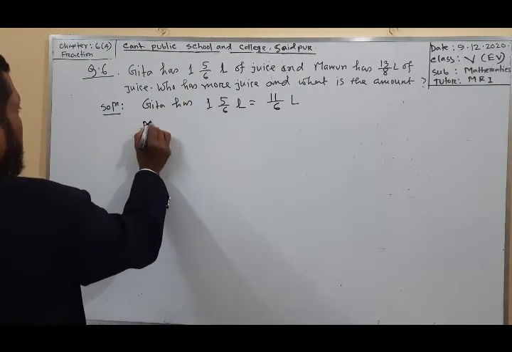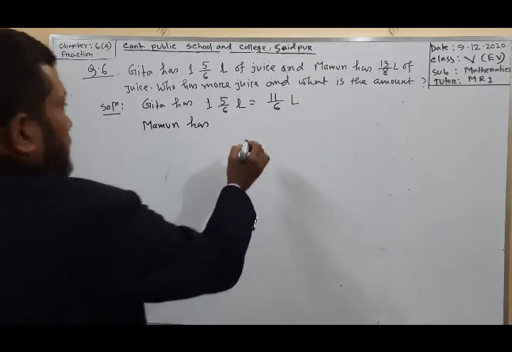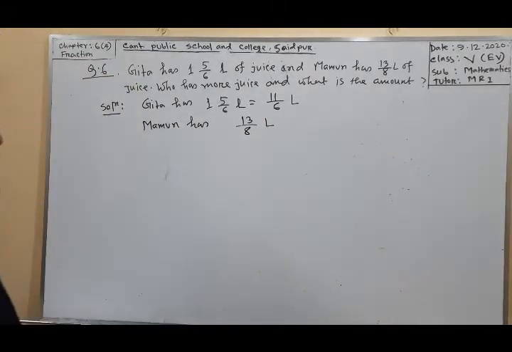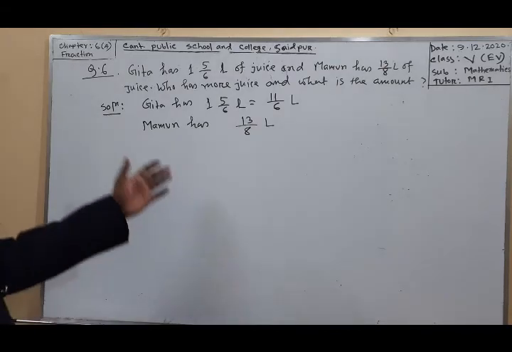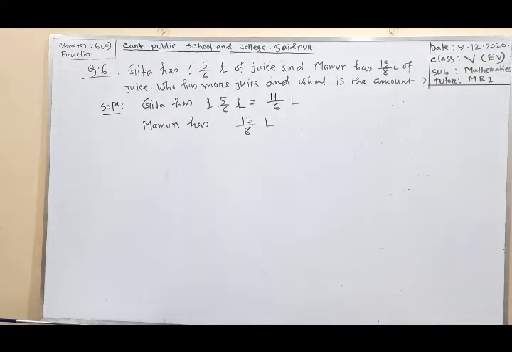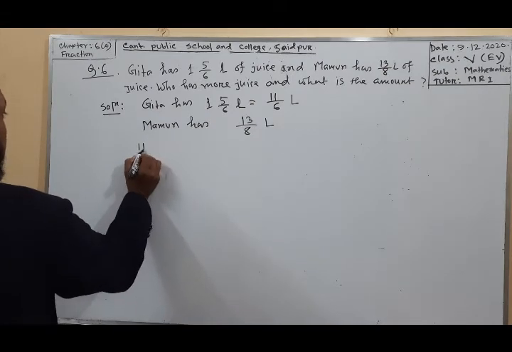Mamun has 13 by 8 liter. First, we express Geeta's and Mamun's juice with equal denominators. Here 11 by 6.